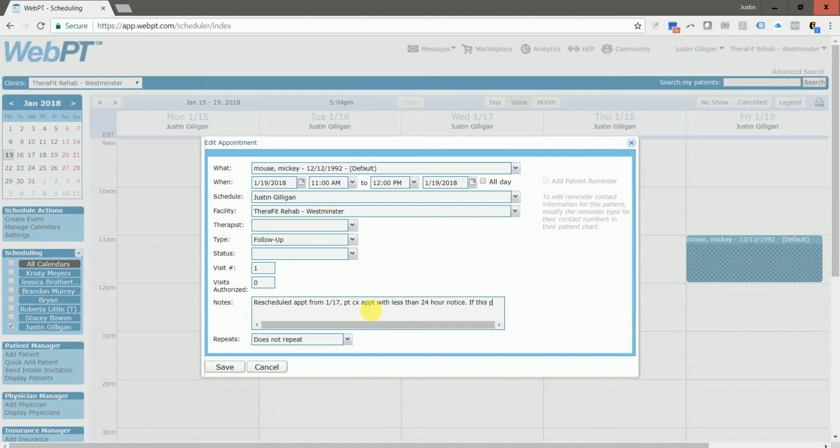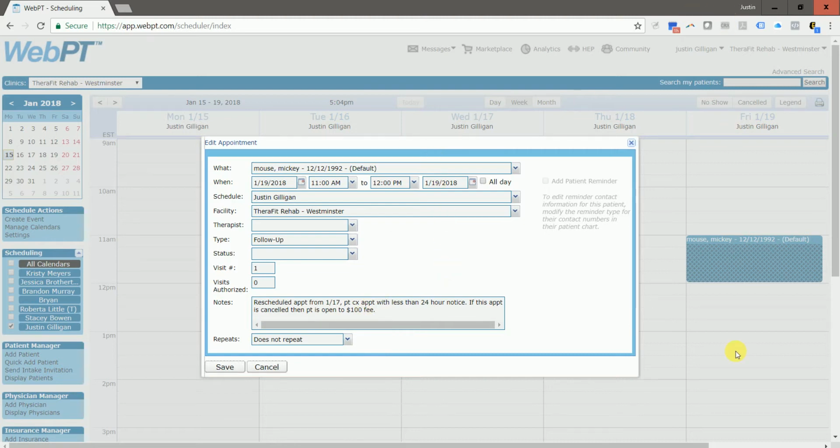If this appointment is canceled, then patient is open to a $100 fee. I want to put as much information in here as possible, so that when Friday rolls around, if Mickey Mouse cancels, he knows it's going to be a $100 fee because he canceled this Wednesday and he's canceled the Friday.